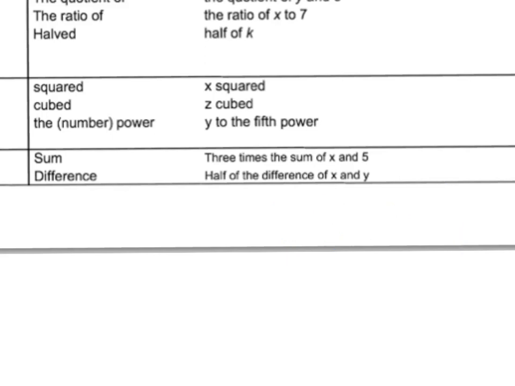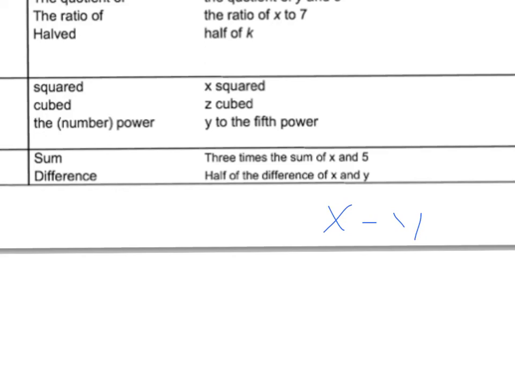Okay, this next one, we have half of the difference of x and y. So half is telling me I'm going to divide something by 2 or multiply it by 1/2. And I see difference, which tells me to subtract. So I have the difference of something. So that means I'm going to have a phrase set in parentheses. So x and y are going to be inside of a set of parentheses. And then I'm going to take half of that. So let me go ahead and write that down. x minus y.